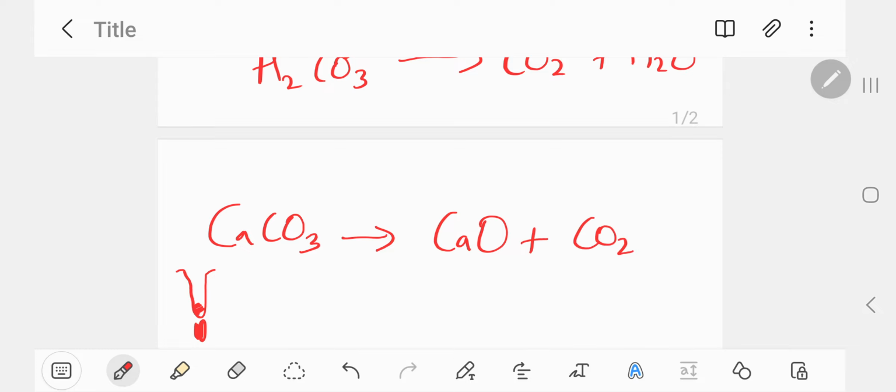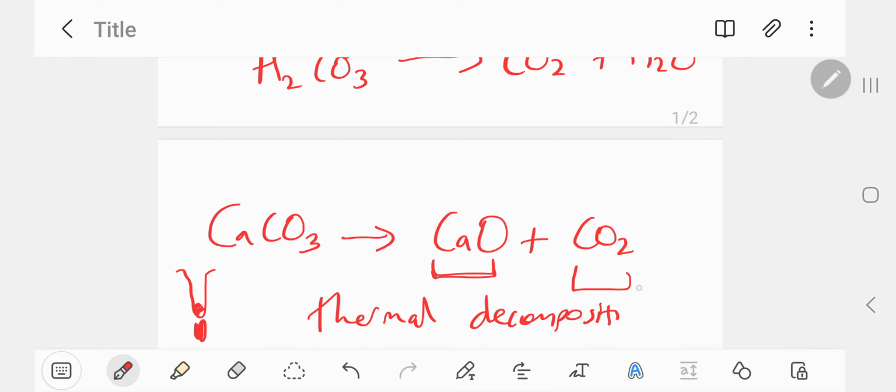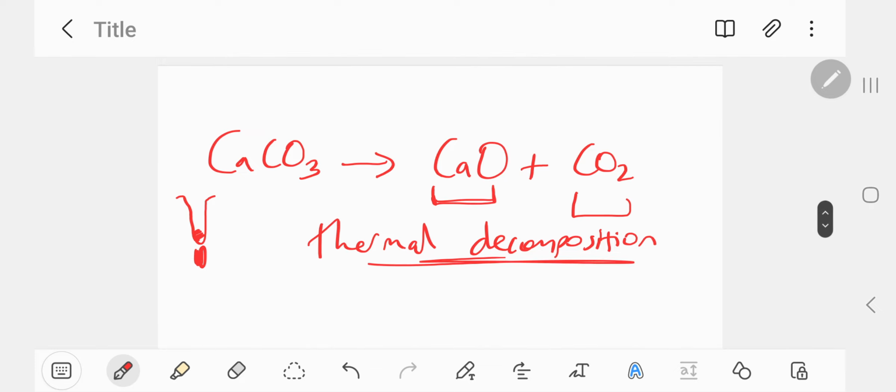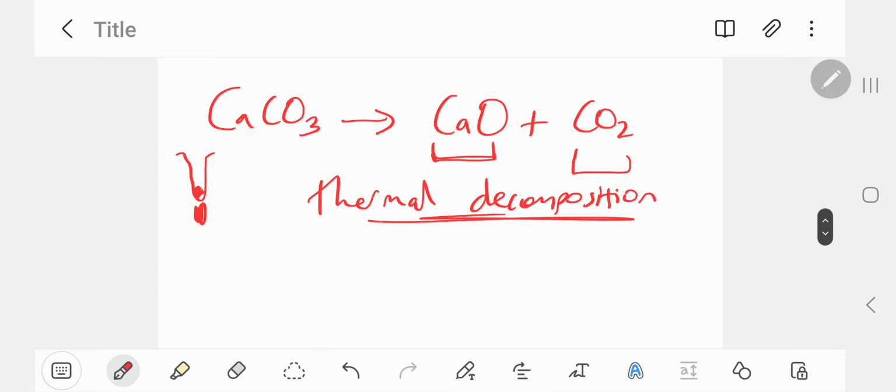When it turns a blackish material, you get the calcium oxide, and the carbon dioxide escapes as gas. This is an example of thermal decomposition. Thermal because it involves heat from the Bunsen. Thermal means heat. Some substances can only decompose when exposed to heat, such as calcium carbonate.